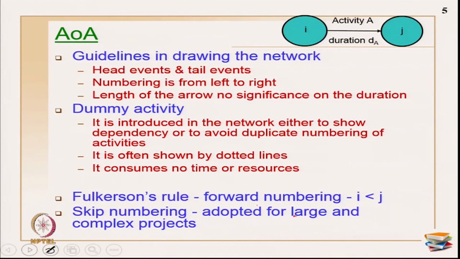If there is a change of scope of the work and a few activities are added, you may have to redo the numbering if you are planning in consecutive 1, 2, 3, 4, 5, 6 and so on. So, the general advice is to leave some numbers or gaps in the middle and start like 10, 20, 30 or 10, 15, 30, 50 and so on, so that you can add activities with the change in scope of the project. That is the main reason for skip numbering.